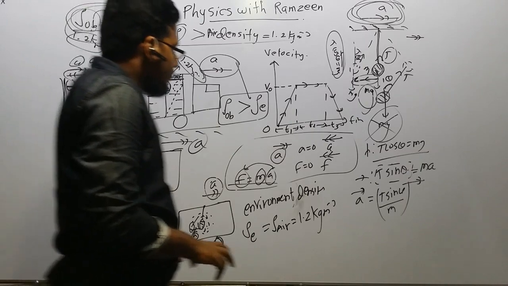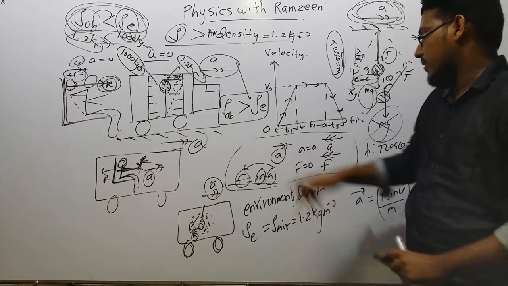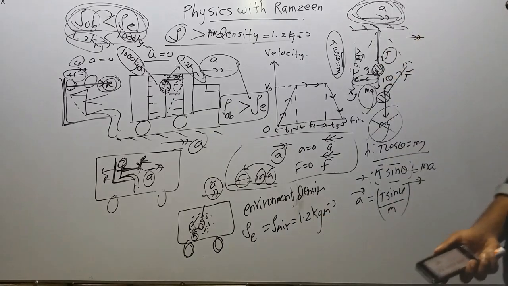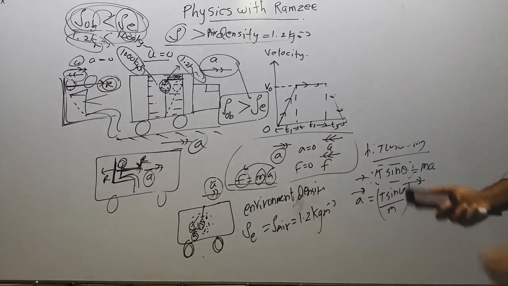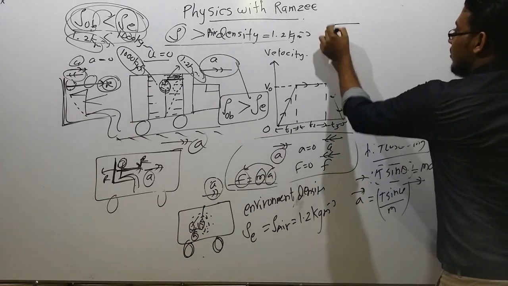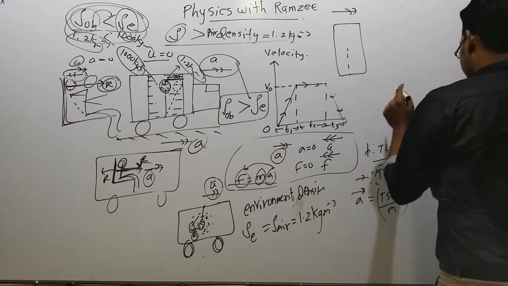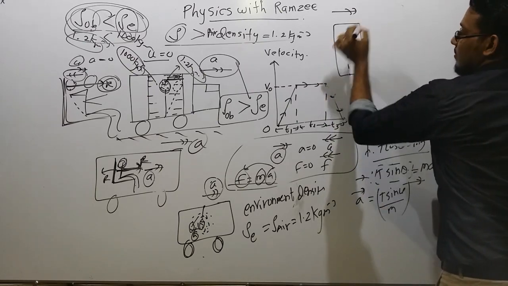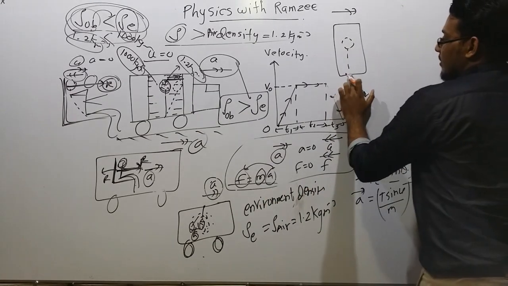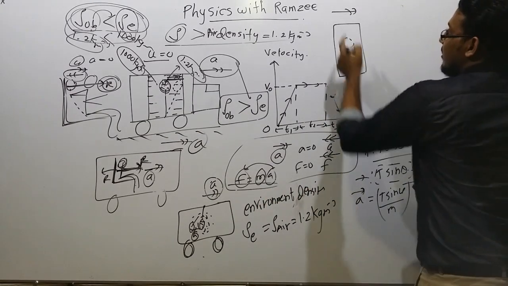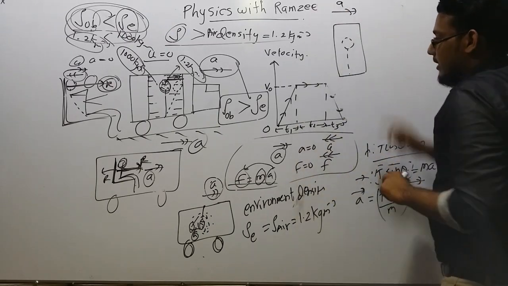So first of all, we have to check the acceleration direction. The position of the balloon is like this in a vertical direction. Then the acceleration direction is to the right.